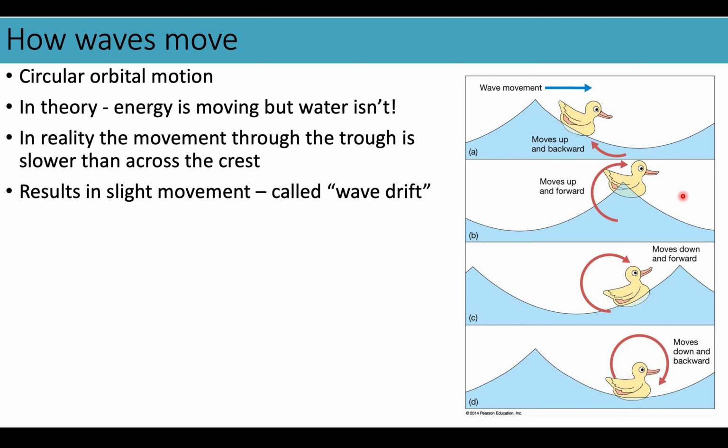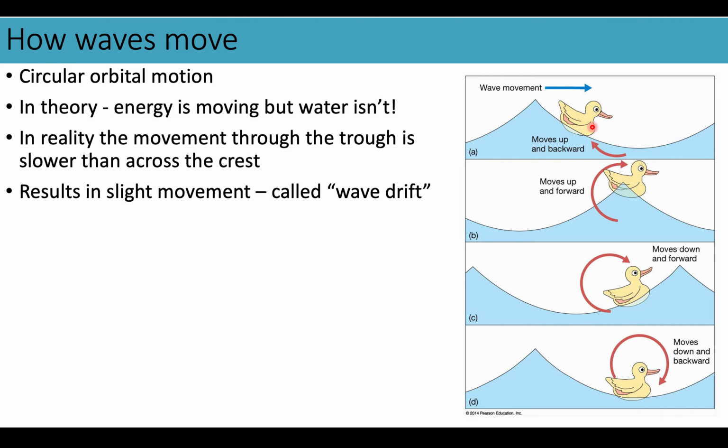But it looks like the movement is in the trough and the crest of the wave. We will have motion actually slower in the trough of the wave, which is the bottom. Motion will be faster at the crest of the wave. What we call this is wave drift.